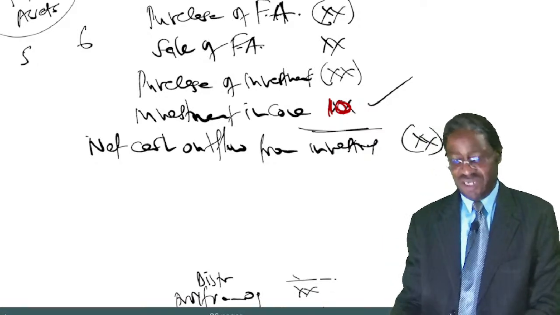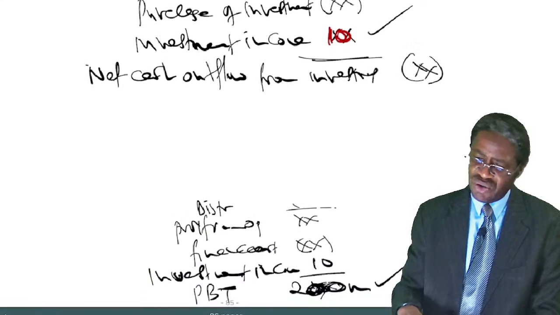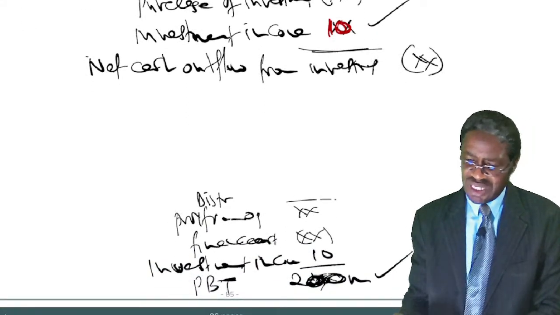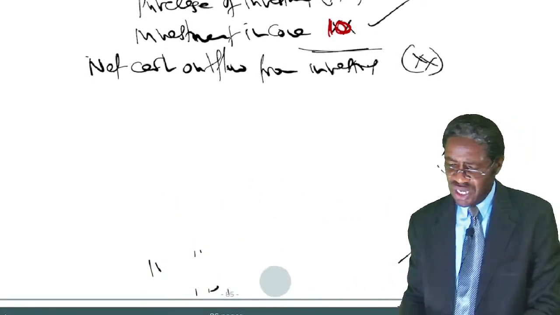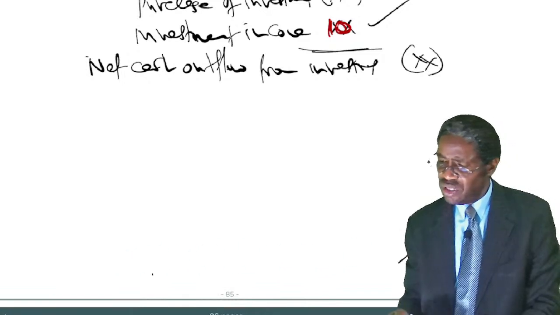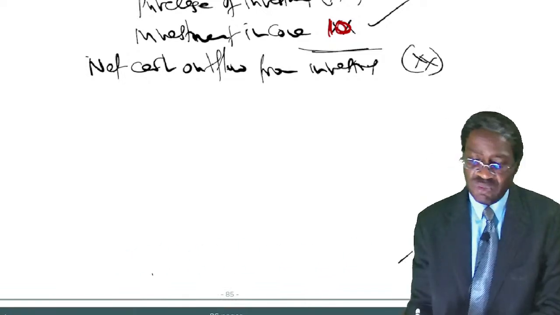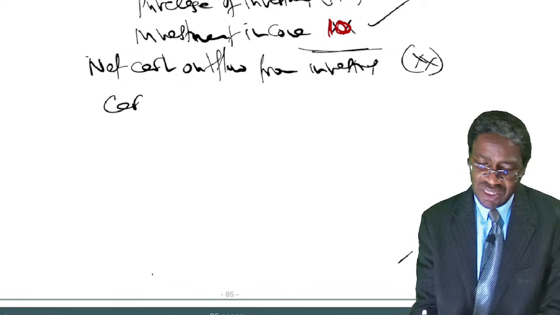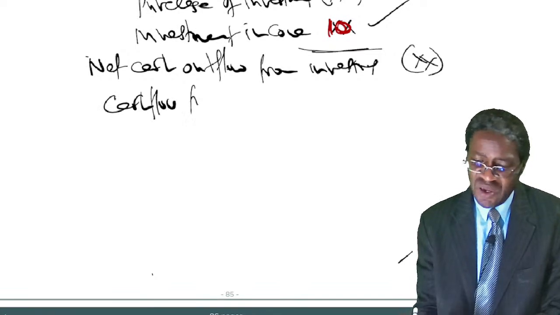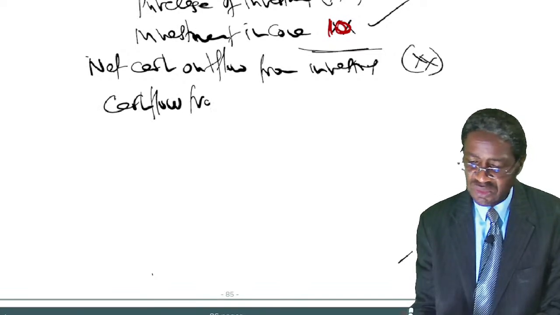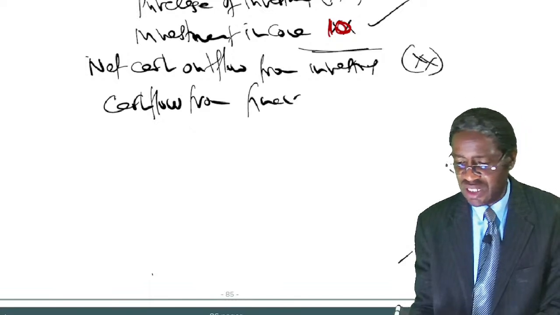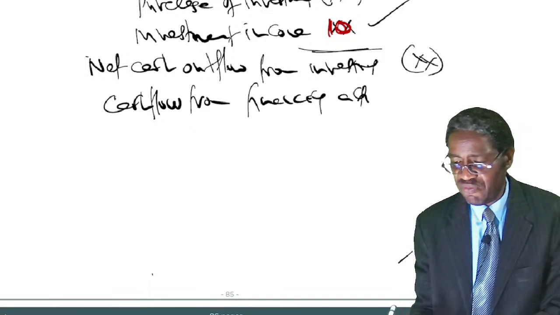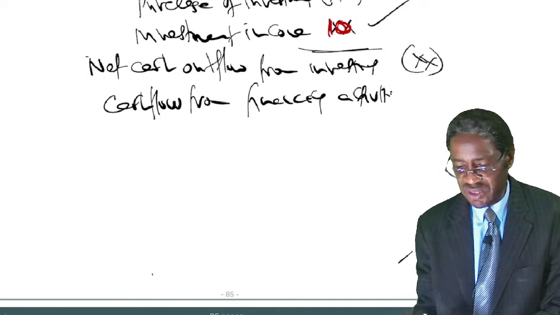Good. Now you come to the third category of the cash flows, and that is what we call cash flows from where? From financing activities.